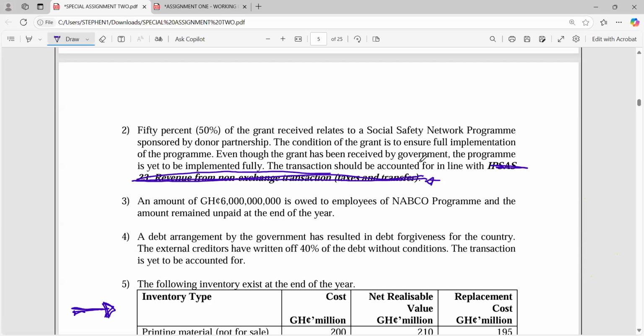If you give the money to them next year, put it under current liability. If you give the money to them after more than 1 year, put it under non-current liability. Full stop. If it is a grant and you see that they have written a condition that suggests that you cannot fulfill the condition of the grant, please don't treat it as revenue again. Debit the grant and credit liability.